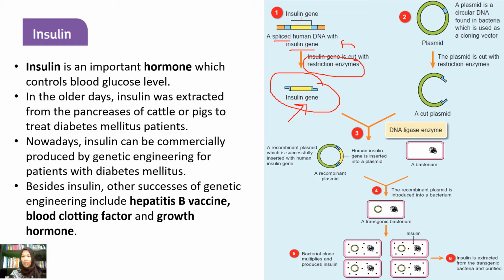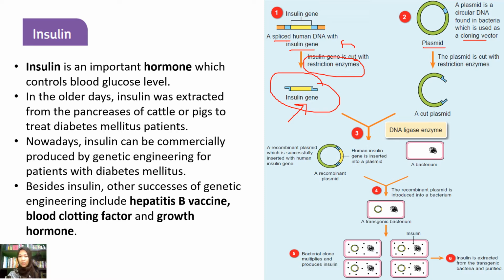Okay, and you see here the plasmid actually a small circular DNA from bacteria or virus. In this case, bacteria. Okay, circular DNA found in bacteria used as cloning factor or cloning vector. Okay, agent ataupun dia yang akan bawa gen manusia ni after recombinant DNA, okay, carried out.